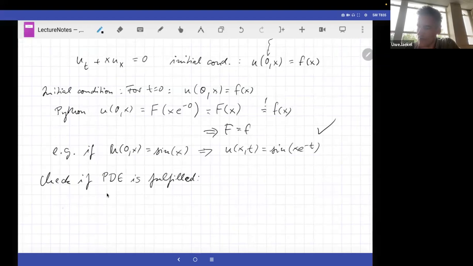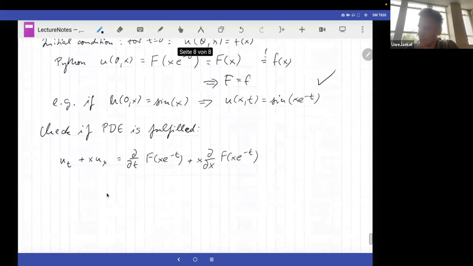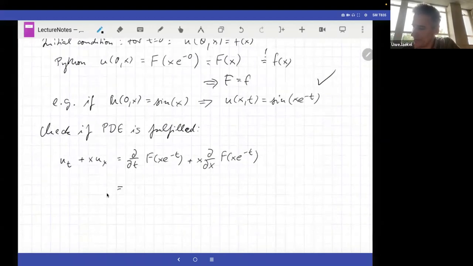So we have to look at what u_t plus x u_x is. This is del by del t of F of x e to the minus t, plus x del by del x of F of x e to the minus t. Let's see what this gives.